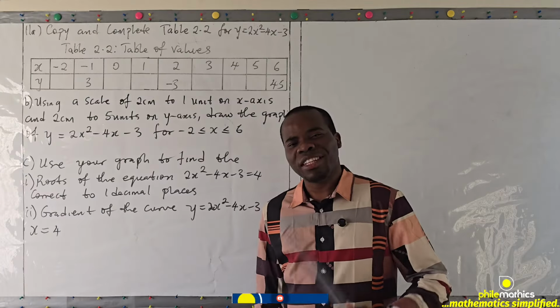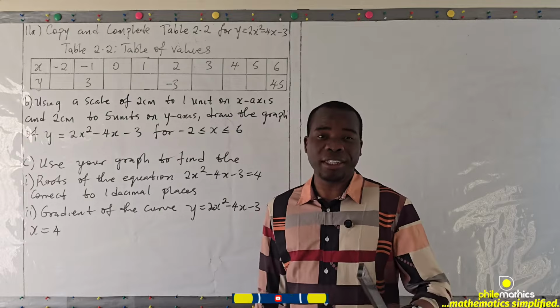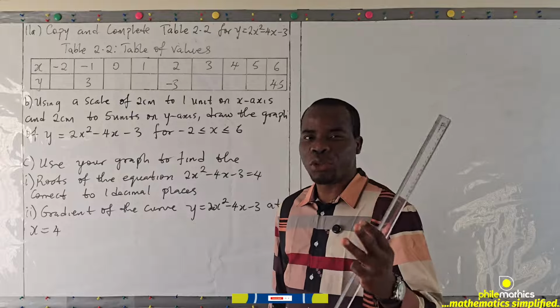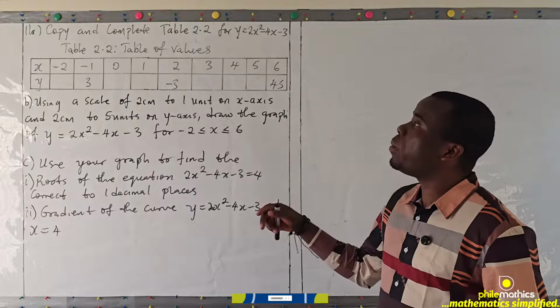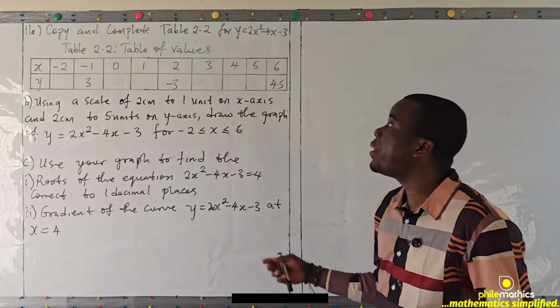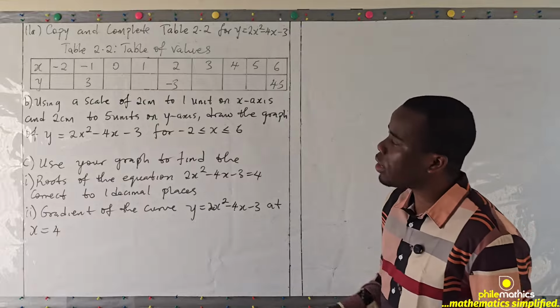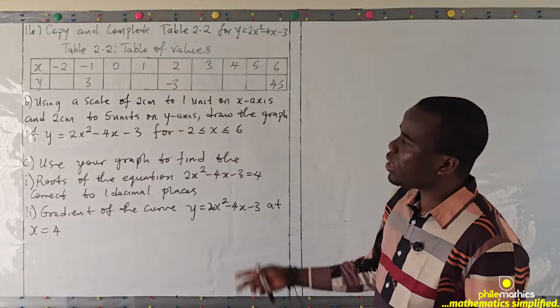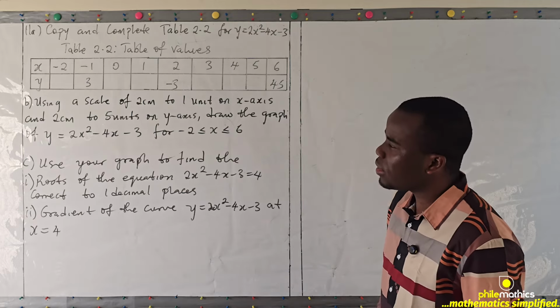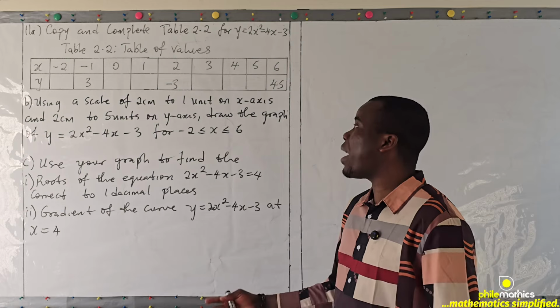Question 11 of NECO 2025 theory is on graphical solution of a quadratic equation. And it says copy and complete this table for y equals 2x squared minus 4x minus 3. And then use a scale of 2 cm to 1 unit on x-axis and 2 cm to 5 units on y-axis.